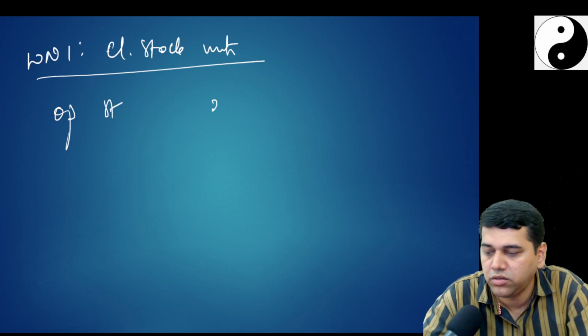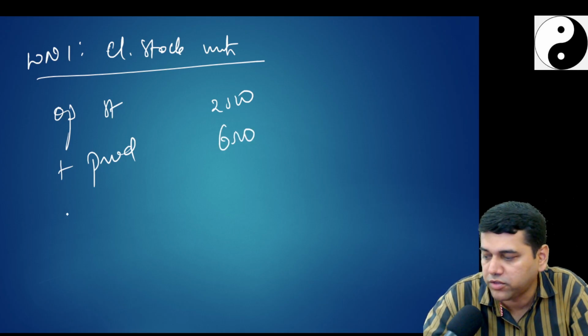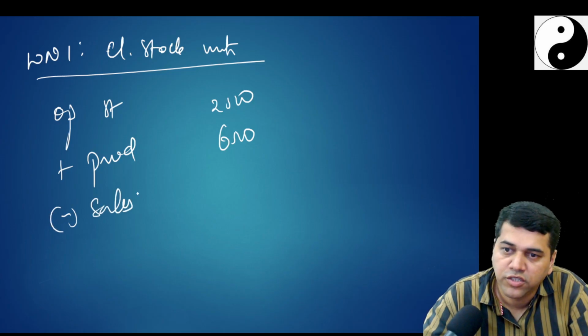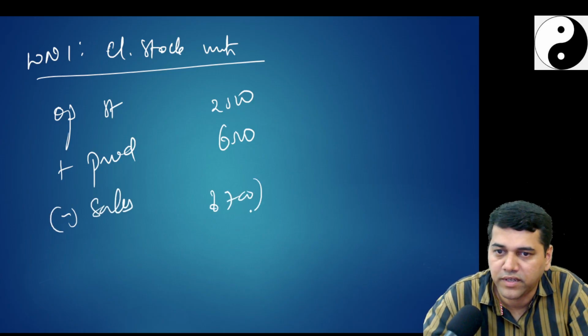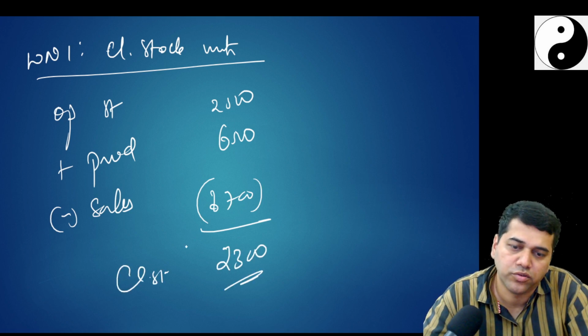Opening stock 2,500, add production 6,500. Any question? Now look into the closing stock first. You have sold 6,700. So 2,300 becomes your closing stock.